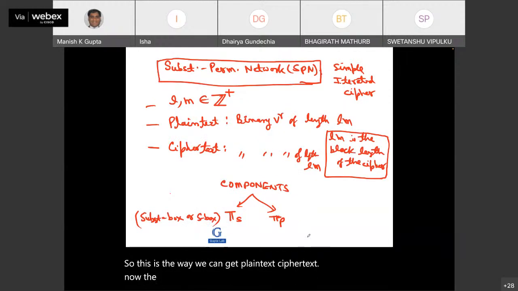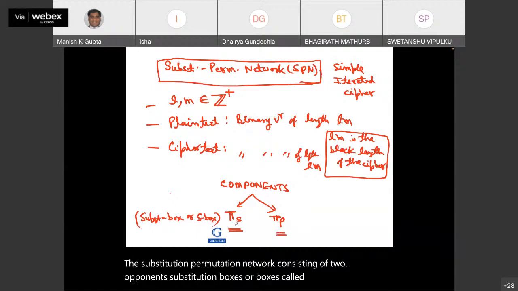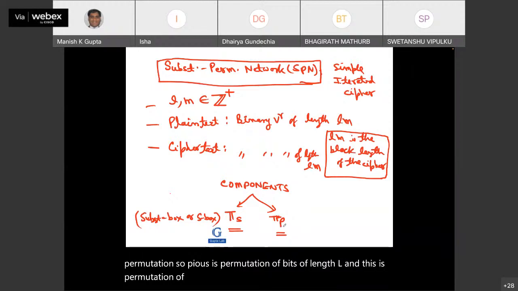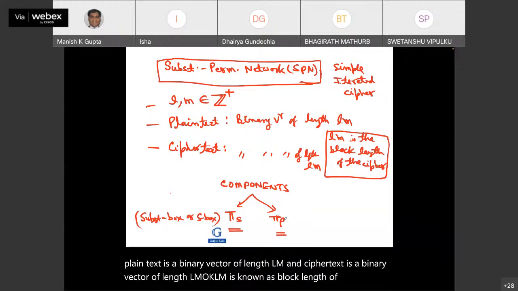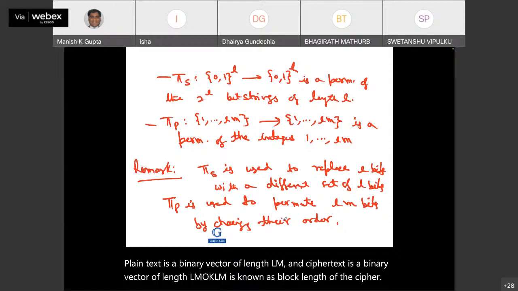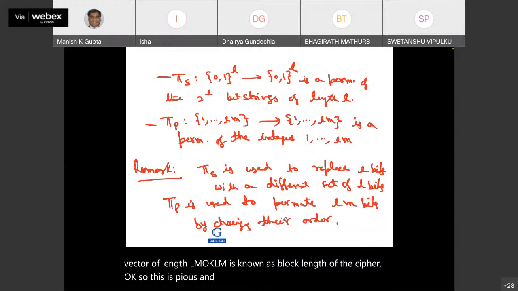Now the substitution permutation network consists of two components: substitution boxes or S-boxes, called pi s, and a permutation, pi p. Pi s is a permutation of bits of length L, and pi p is a permutation of numbers in some order. Plain text is a binary vector of length Lm, and ciphertext is a binary vector of length Lm. Lm is known as the block length of the cipher.